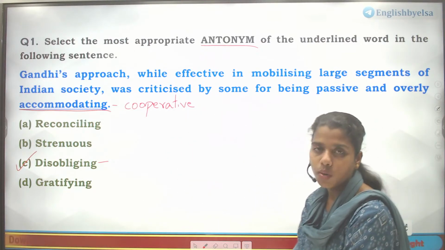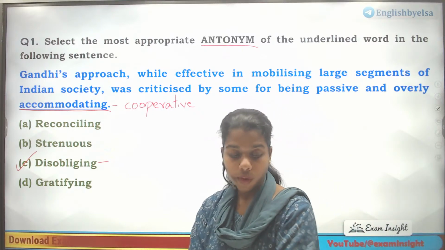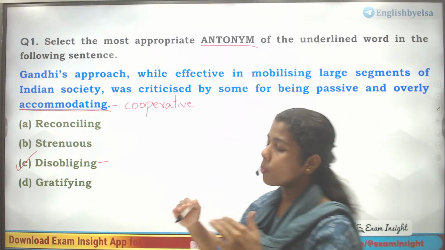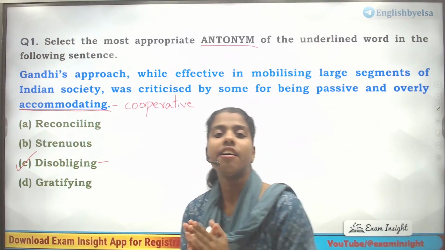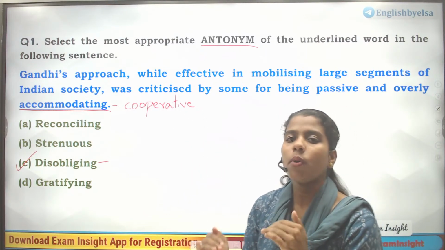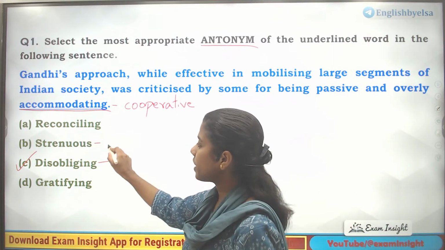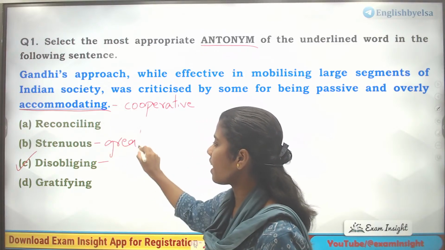Disobliging is the correct answer for this. Let's look at other options also, as we always do. Reconciling means putting up a friendly relation with. Strenuous means which needs great efforts.